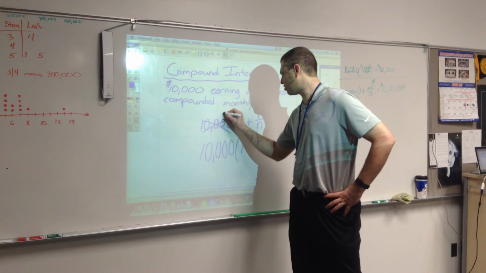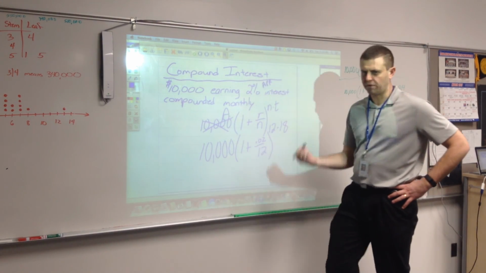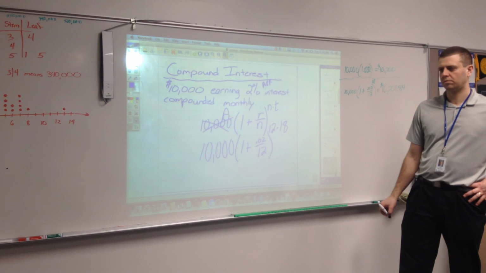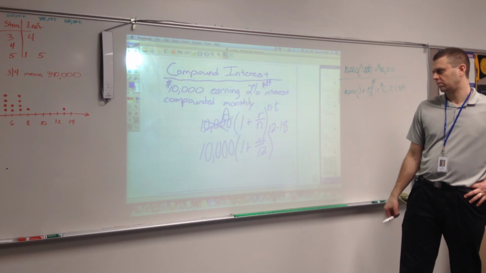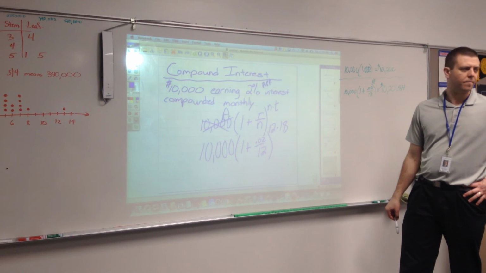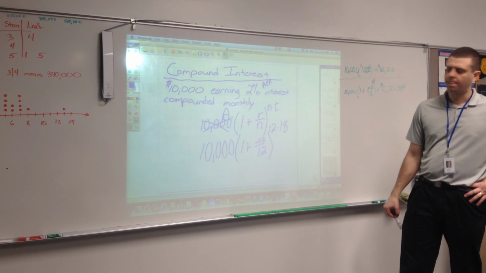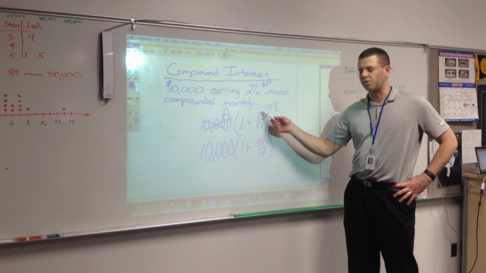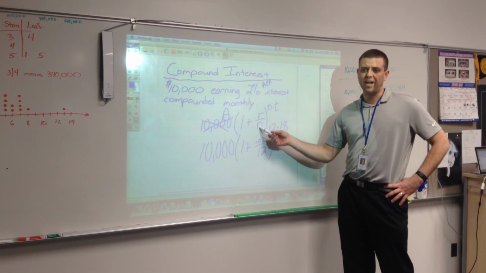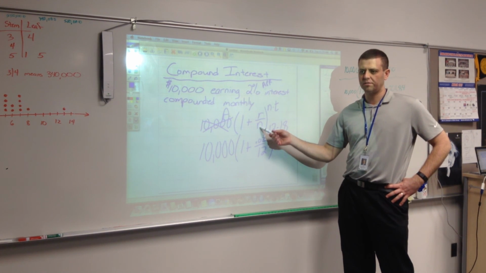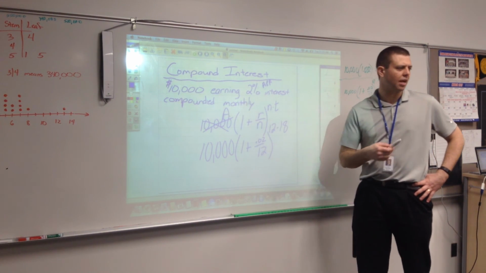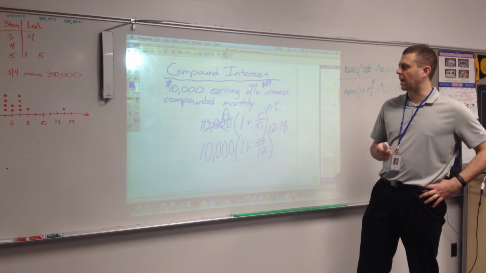A lot of times they'll just use A for the starting amount. That's the formula for compound interest. Again, R is your interest rate. N is the number of times it's compounded in a year, so in this case, it was 12. And T is time in years. So that's compound interest.